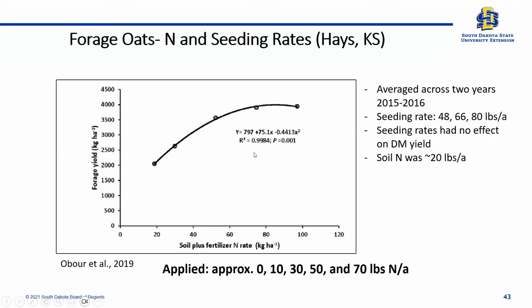So after about, for forage oats anyways, in Western Kansas, in these two years, 2015 and 16 data, they didn't see much response beyond this point, which is about 75 pounds of actual N.